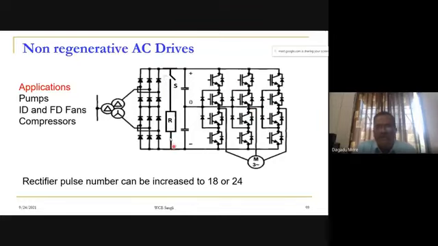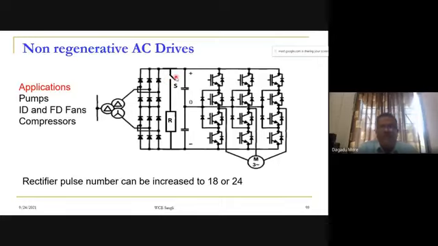When you brake the drive, the slip becomes negative, and when slip becomes negative, the induction machine works as a generator. Through these diodes, DC power will appear at the DC link, and this DC power is not going back to the supply. Whatever power is generated by the induction machine will be dissipated by closing this switch.